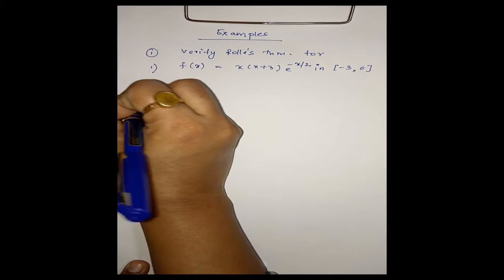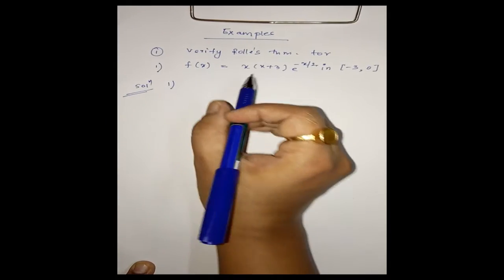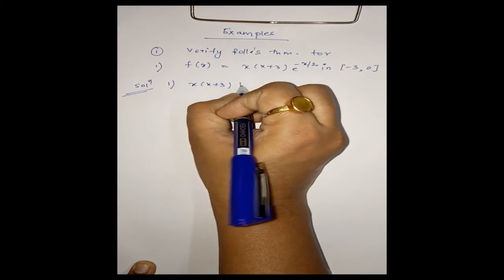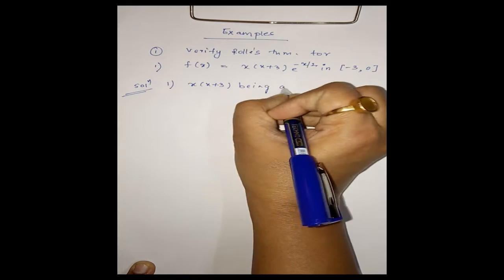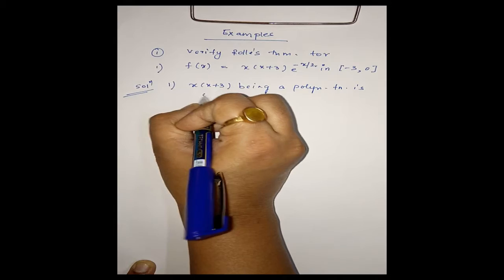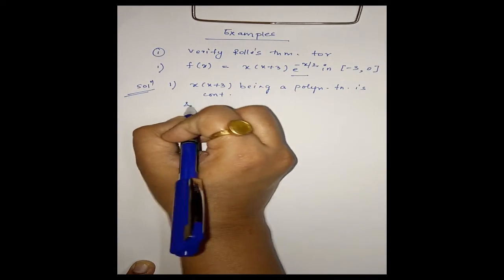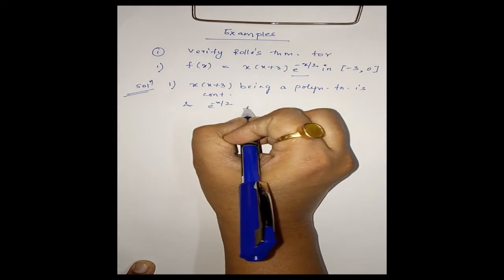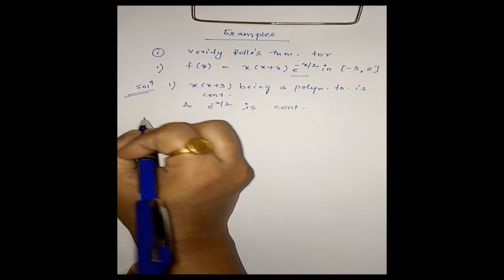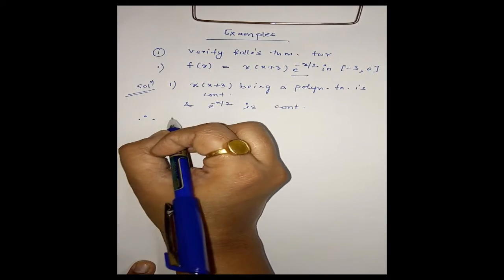First is continuity. Since x plus 3 is a polynomial function, it is continuous, and e to the power minus x by 2 being an exponential function is also continuous. Therefore, the product of two continuous functions is also continuous.